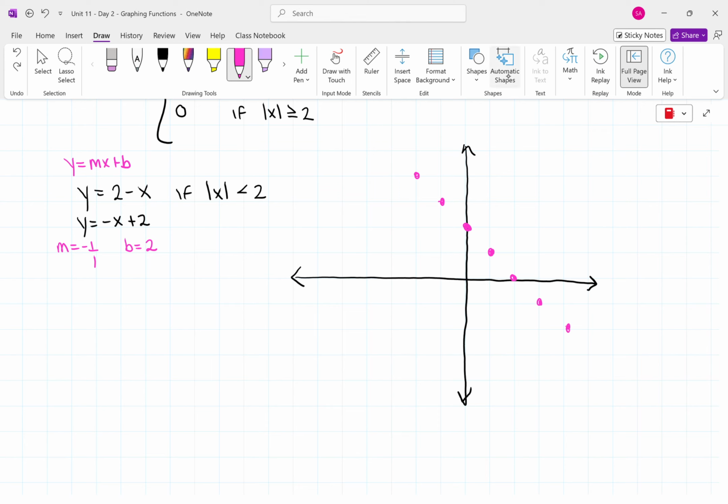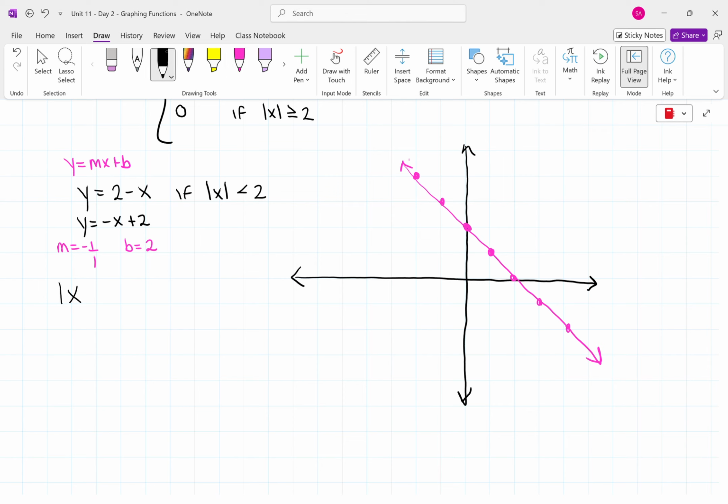And then we connect it with a line. Just freehand it. Something like that.